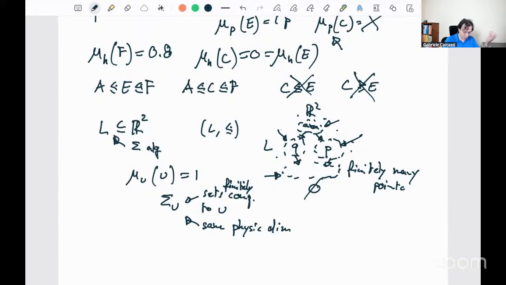And then I will need to have that if mu_U of A is less or equal to mu_U of B, this is going to be if and only if A is finer than B. So the measure has to respect this structure that I had, right?